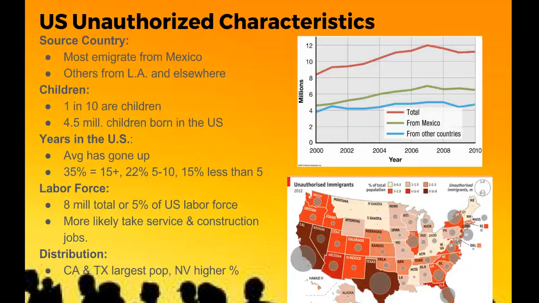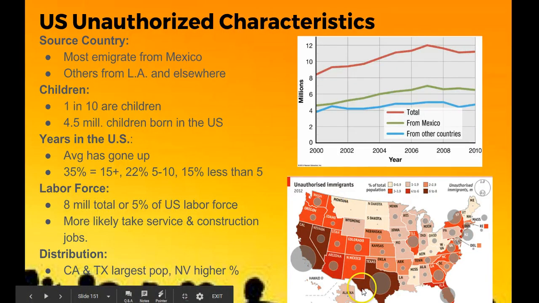Kind of keeping with these unauthorized characteristics, who is likely to be an unauthorized migrant to the United States? Most do come from Mexico. Others do come from Latin America and elsewhere. The idea of distance decay, you have Mexico would be kind of here. You're going to have a lot of undocumented workers in New Mexico, Arizona, California, Texas. You get a little bit further away, you are going to have some, but you're going to have less.